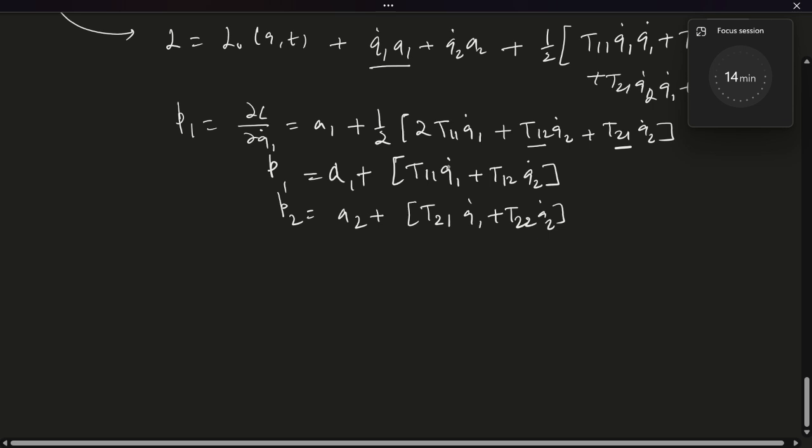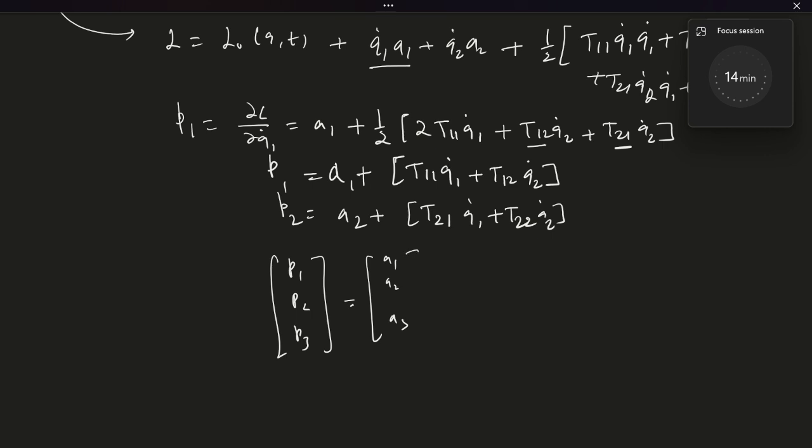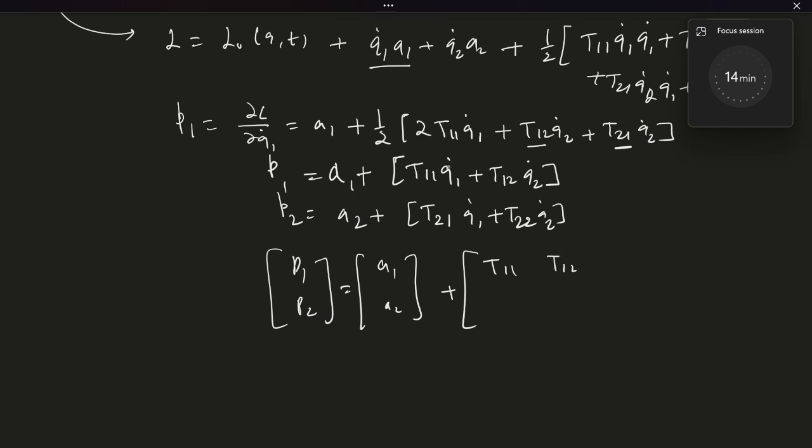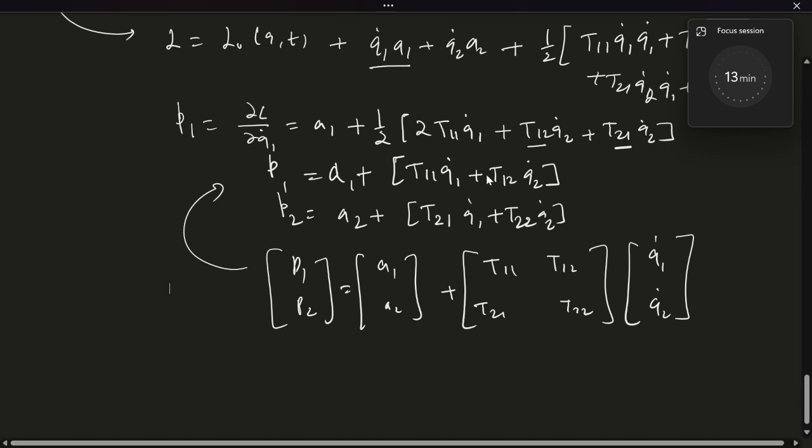So from here again you can write down the matrix. Let's say P1, P2 is a matrix which is nothing but matrix A1, A2, plus your T11, T12, T21, T22 matrix multiplied with q1 dot and q2 dot. From here you can easily get the p value.